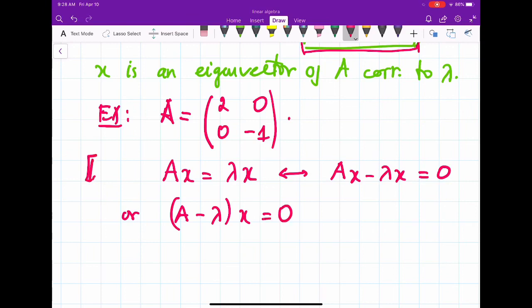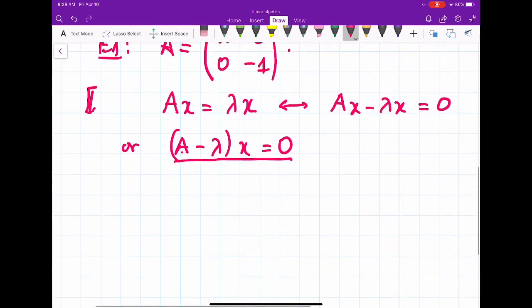So this system is equal to 0, right? So the matrix A minus lambda I, so this system has a non-trivial solution because we suppose that x is non-zero. That makes sense?